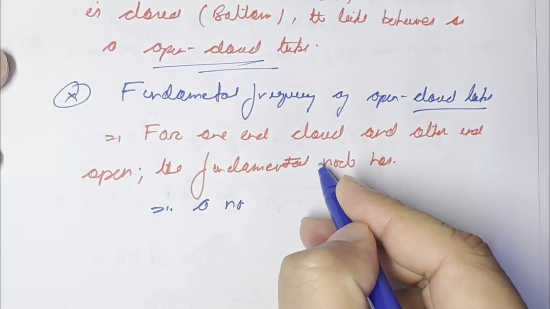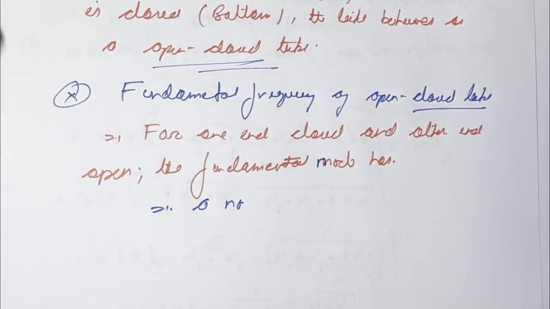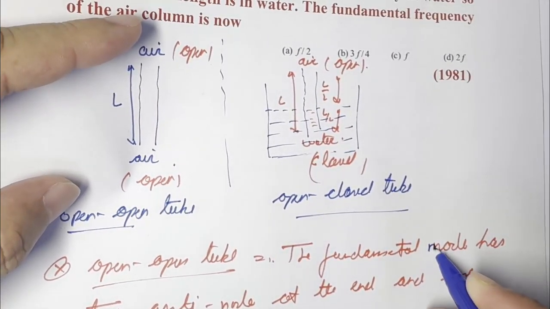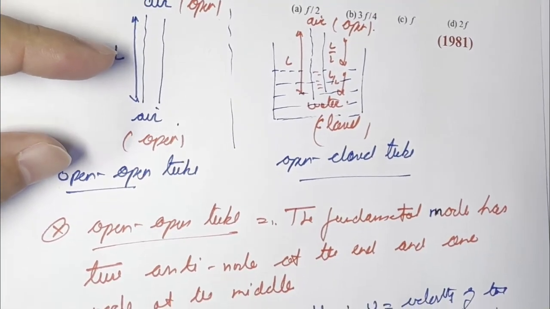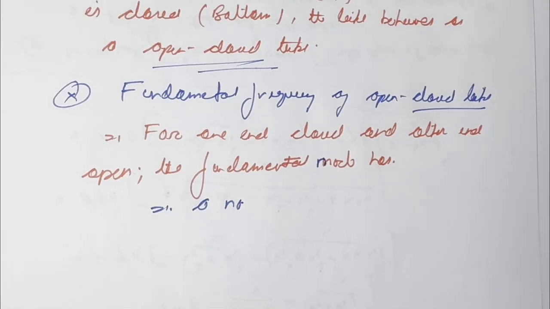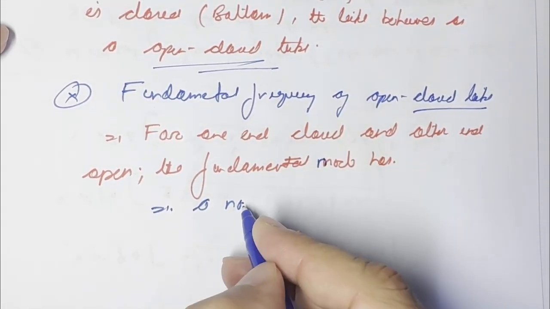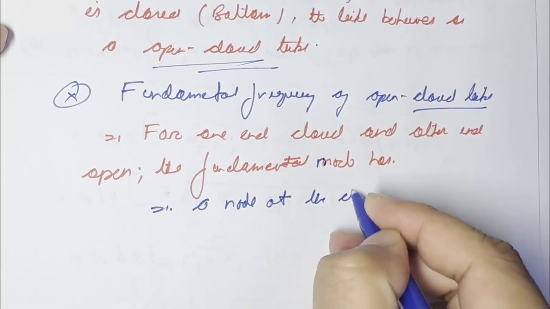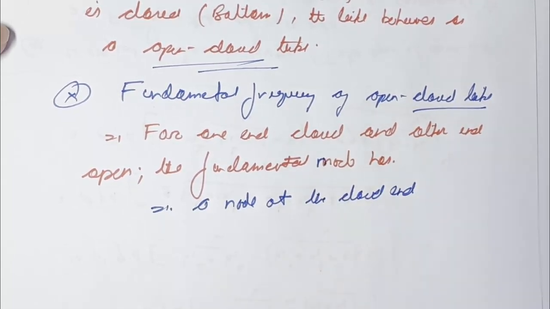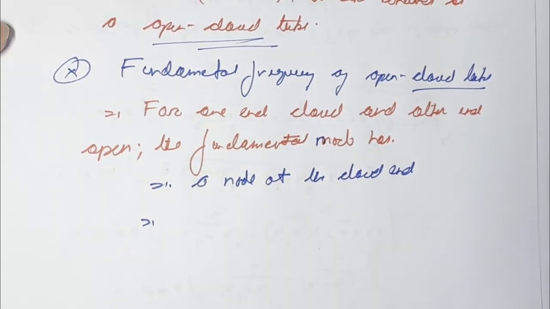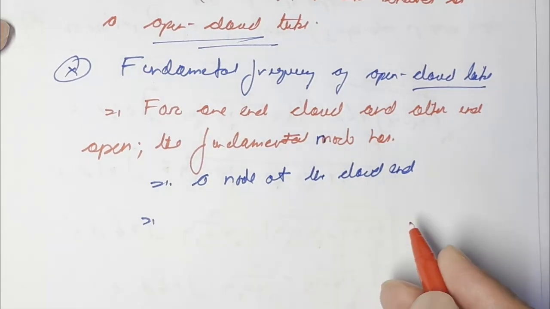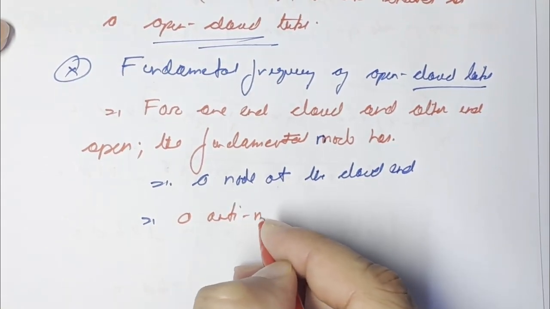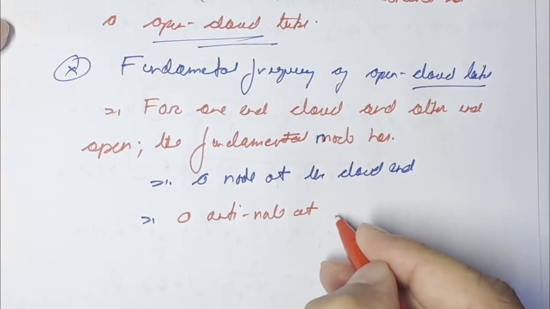Sorry, it has to be mode, fundamental mode, my mistake. I think here also put mode, not node, fundamental mode. The rest is correct. So it is going to have a node at the closed end and an antinode at the top end, that is, a node at the closed end and an antinode at the open end.